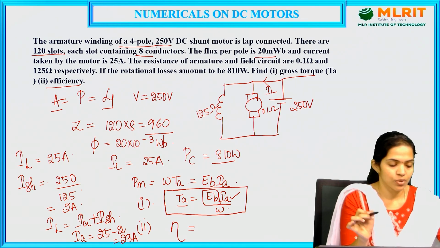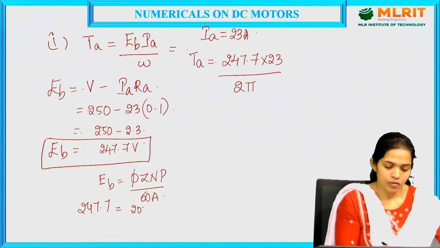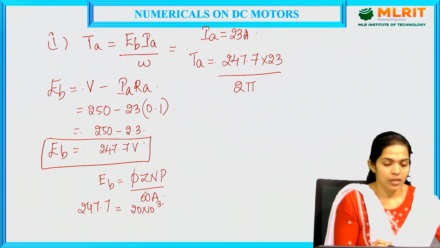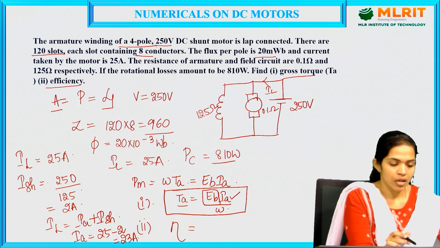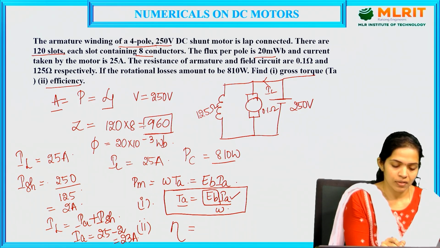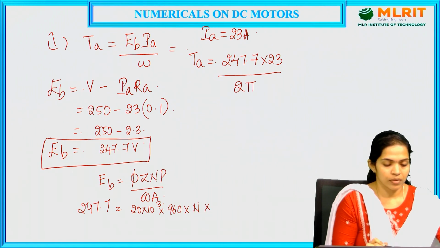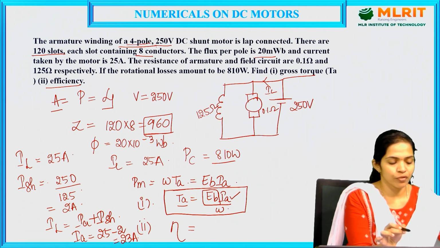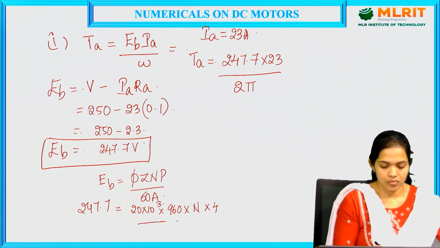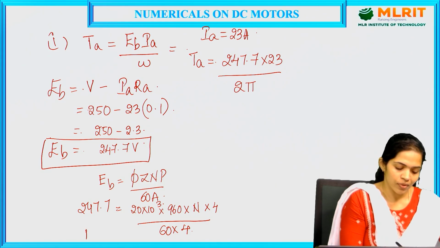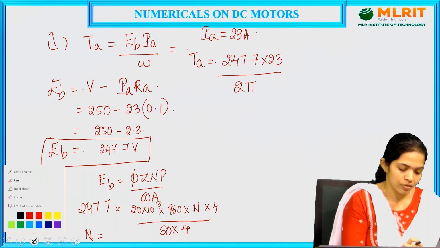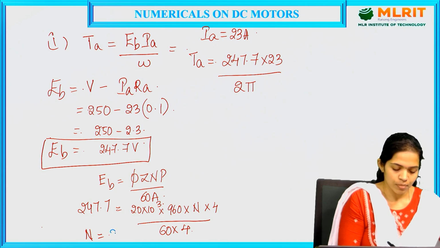Flux value is given as 20 milliwebers. Number of conductors are given as, we got it as 960. We need to calculate the speed. Number of poles are 4. Into 4. From this, we will get the speed value as some x RPM.